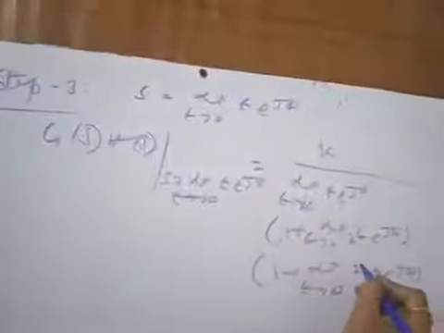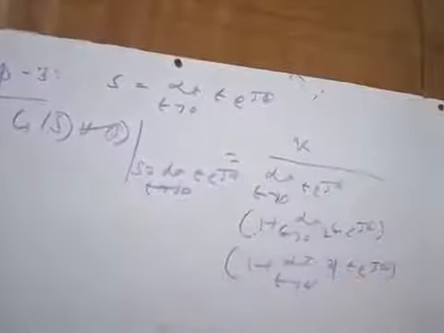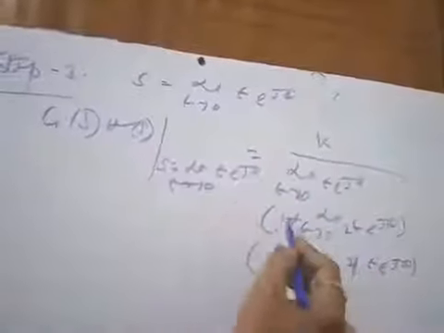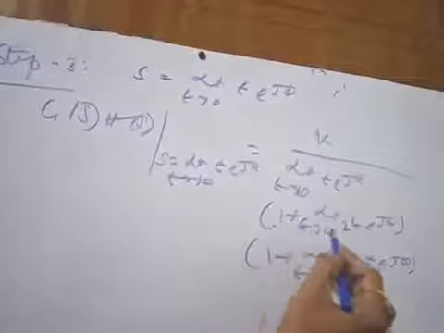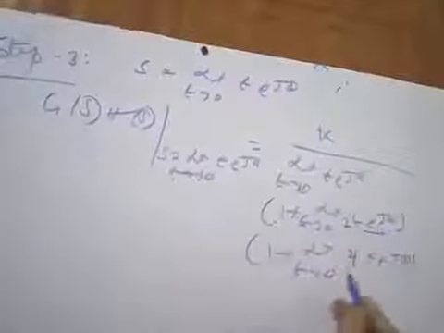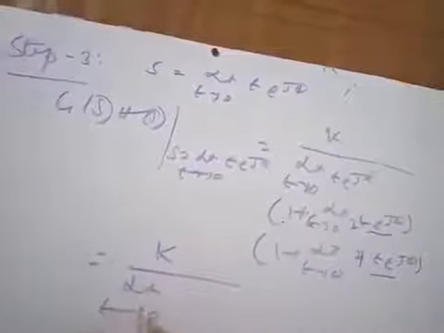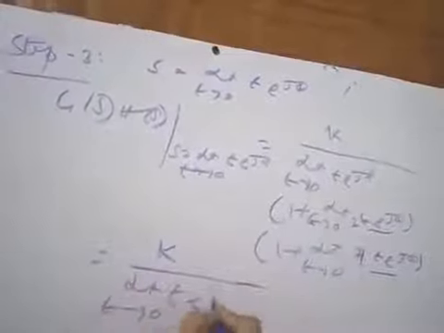This is 2s, this is 4s. Now in the limiting value of epsilon tends to 0, this becomes 0 and this becomes also 0. So what you will get? This is nothing but K by limit epsilon tends to 0 epsilon e to the power j theta.